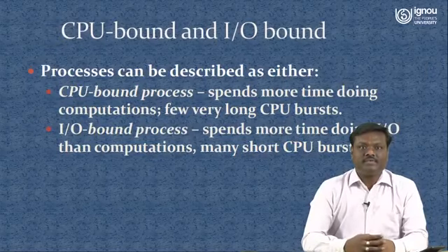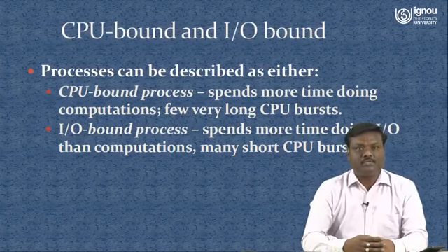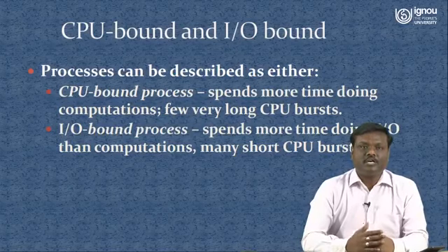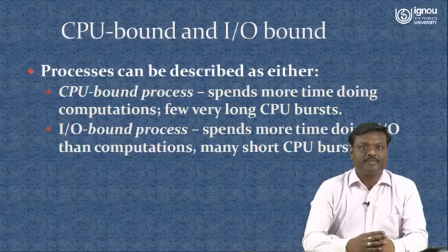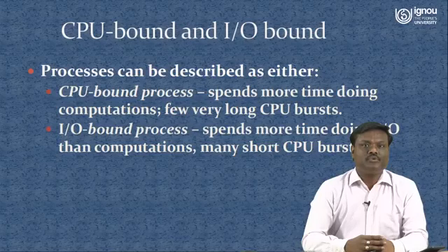Here you can see the CPU-bound process and the IO-bound process, or in some processes both can happen. In the CPU-bound process, it spends more time doing computations, with very few long CPU bursts.